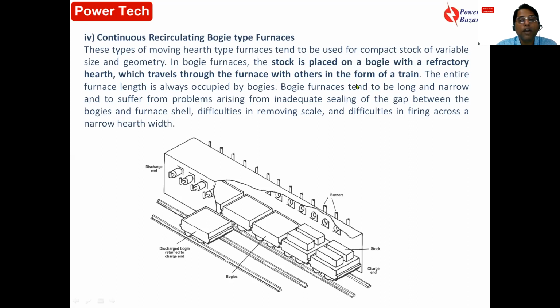Now, bogie furnaces tend to be long and narrow and suffer from problems like inadequate sealing of the gap between bogies and furnace cell, difficulties in removing the scales, and difficulty in firing across the narrow hearth width. So there is a narrow hearth width because the bogies are placed inside it, and these are the disadvantages of recirculating bogie type furnace.